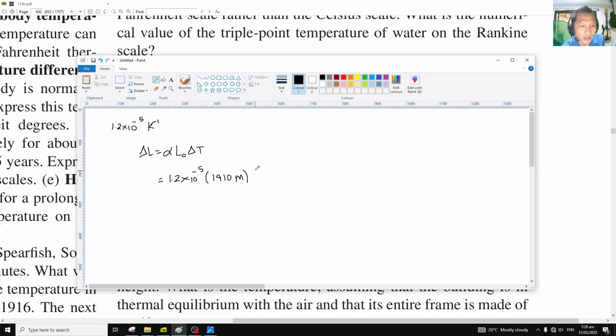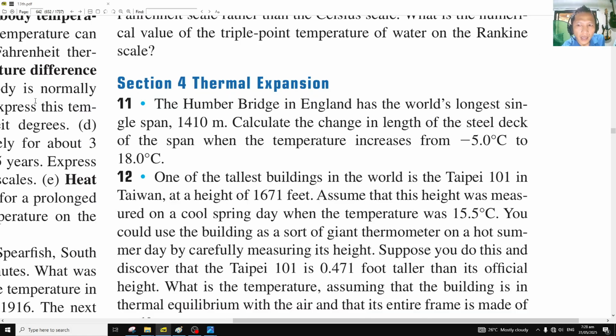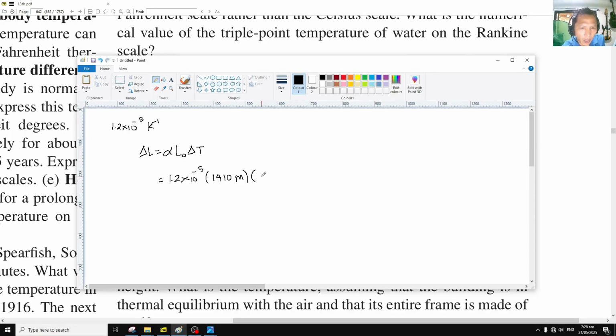The change in temperature is from negative 5 to 18, so 18 minus negative 5, which is 18 plus 5.